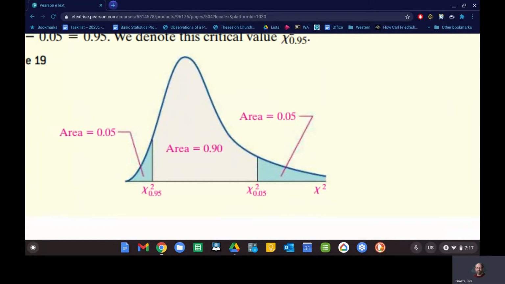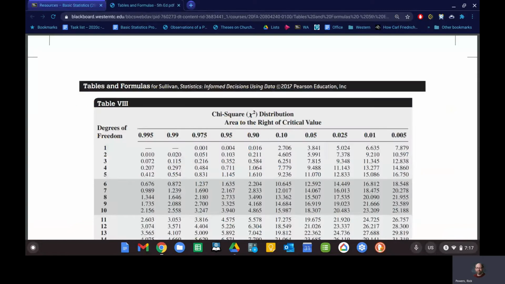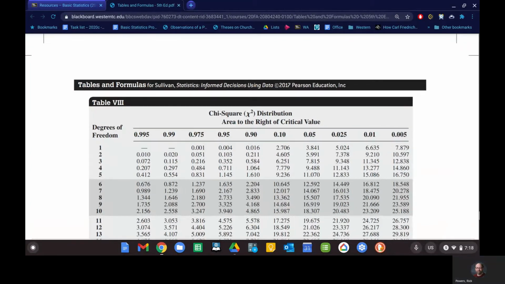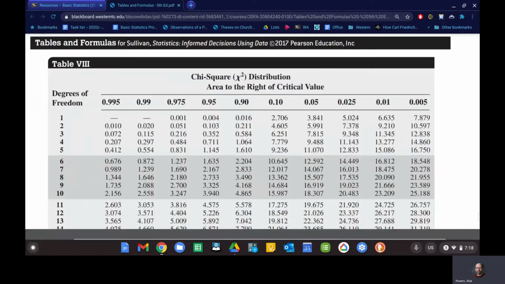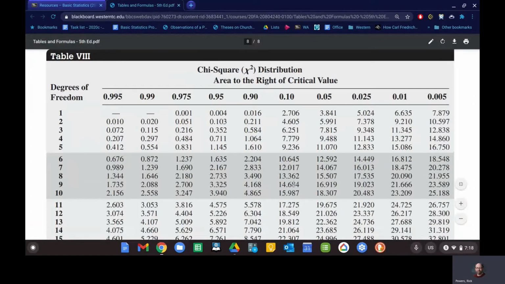Now, if you were to use a table, which I do not recommend, this is what it would look like. These areas are all areas to the right. That's what's in the column here. So if I have degrees of freedom 9, which would be a sample size of 10, and I want a 90% interval, that means 5% on both sides, so here's my number for 0.05.